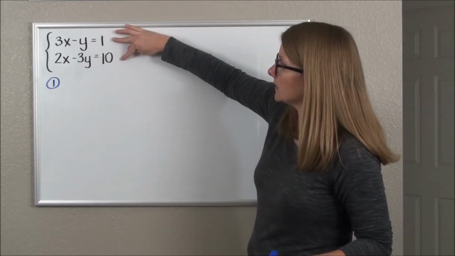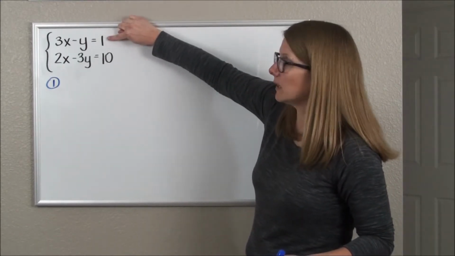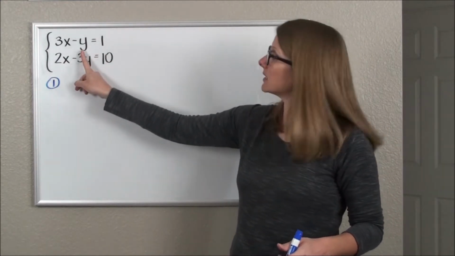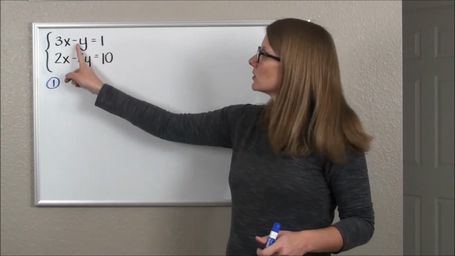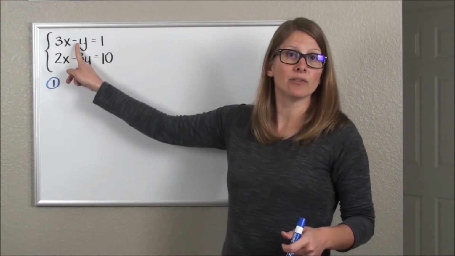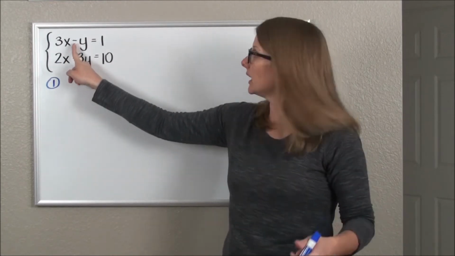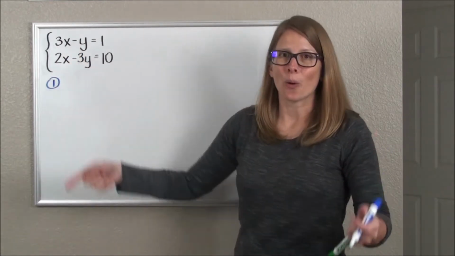So when I look at these two, it looks to me as though in the first equation, the y will be the easiest to isolate. The reason is because there's no number coefficient in front of y, so when I go to solve for it, I'll never have to divide by like a 3 or a 2, which means I won't have fractions.